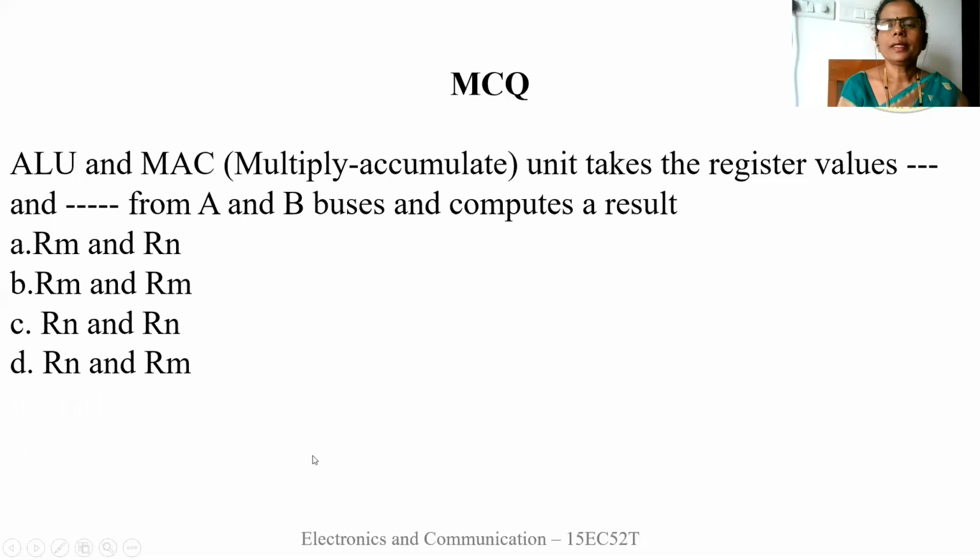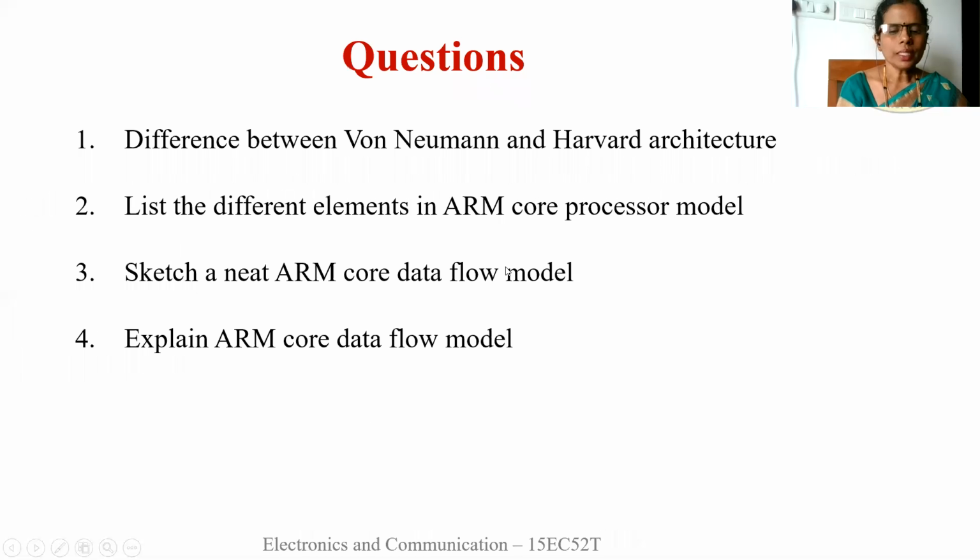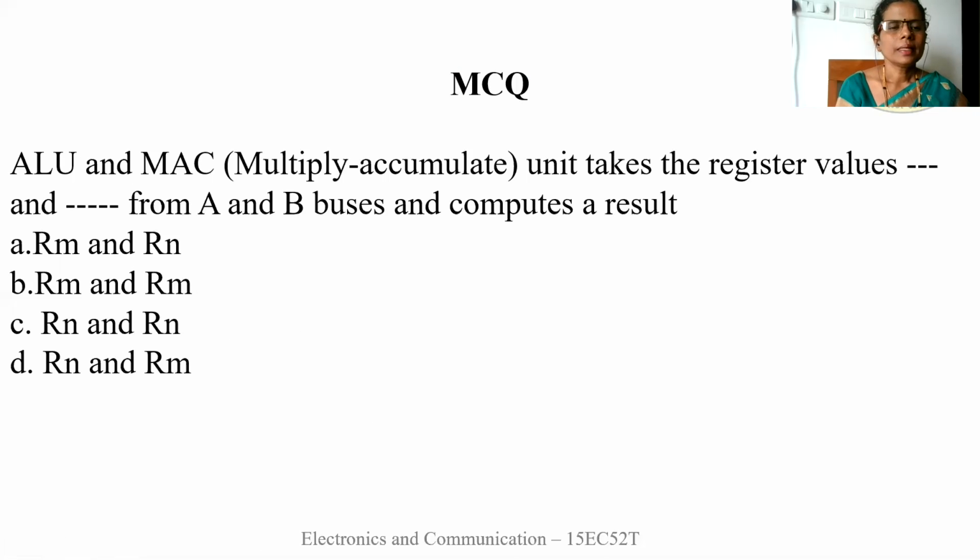ALU and MAC unit takes the register values dash and dash from A and B buses and computes the result. So you check the diagram. There are 2 buses available, A and B bus. A bus gets the data from one register, B bus gets the data from other register, and the registers are marked as RN and RM. You have to fill here. So is this RM? So from A, RM is coming?